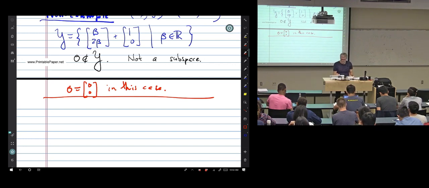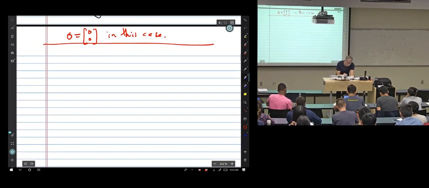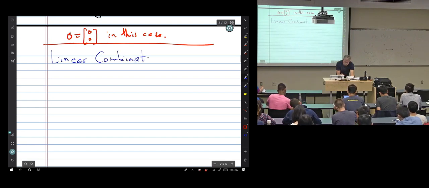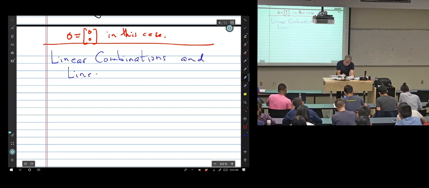So, moving on to now one of the key concepts, linear combinations and linear independence.